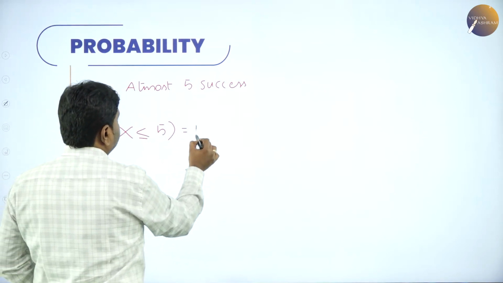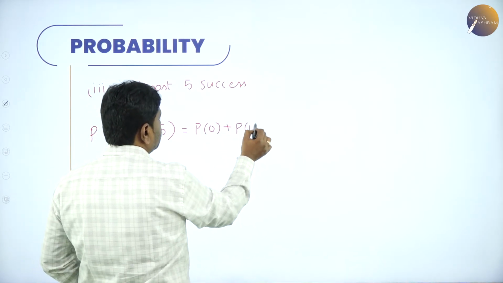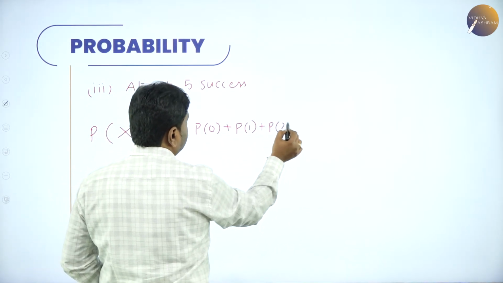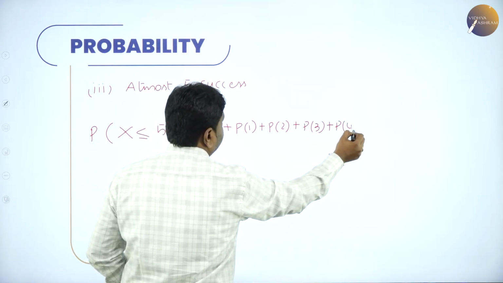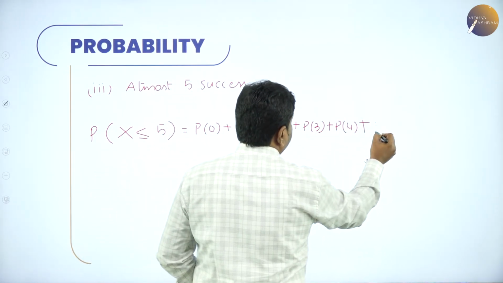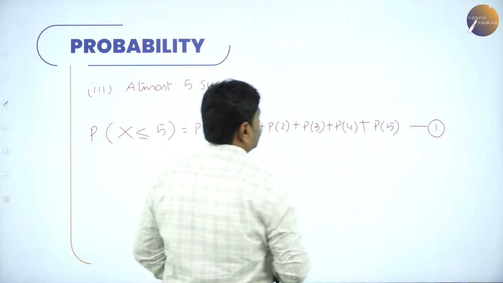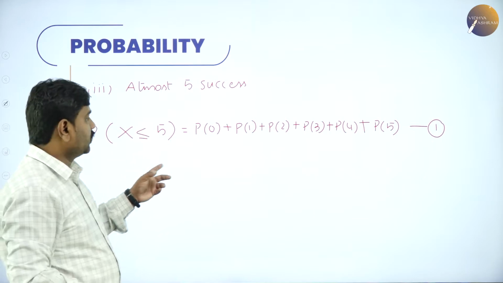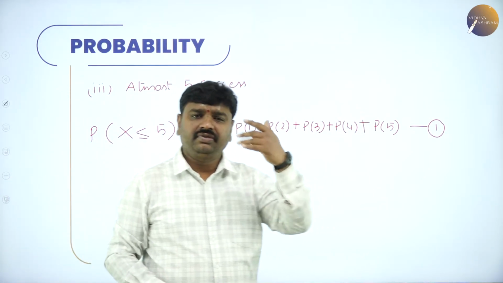Means we need P of 0 successes you may get, or P of 1, or P of 2, or P of 3, or P of 4, and till P of 5. This is the question. Call it equation 1. Dear students, we need to find P0, P1, P2, P3, P4, P5 and add. It is very lengthy.